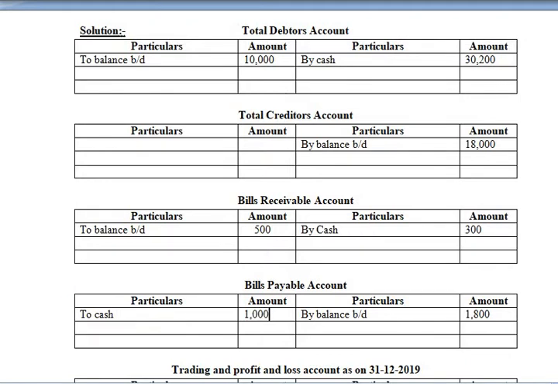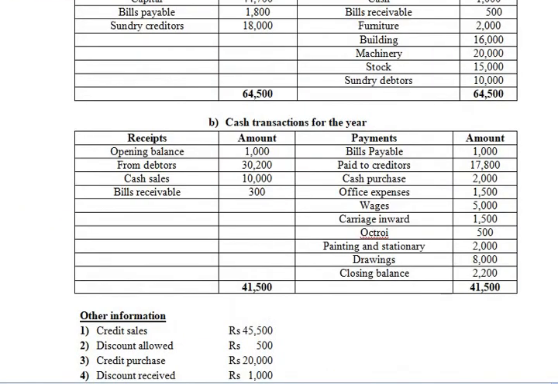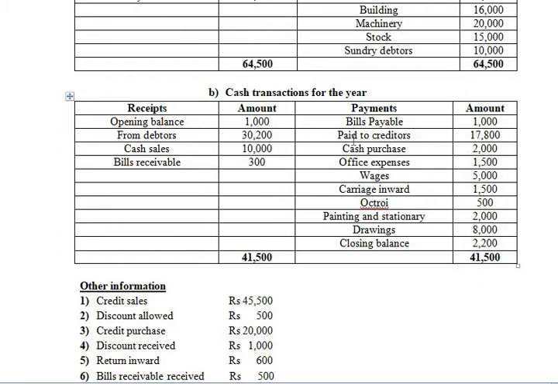1,000 rupees. Okay, next, after bills payable, paid to creditors. You're paying it to the creditors, and what is the amount? 17,800. Since you're paying, the cash account is being credited, so the creditors account is debited. What will be the entry for this? Creditors account debit to cash.